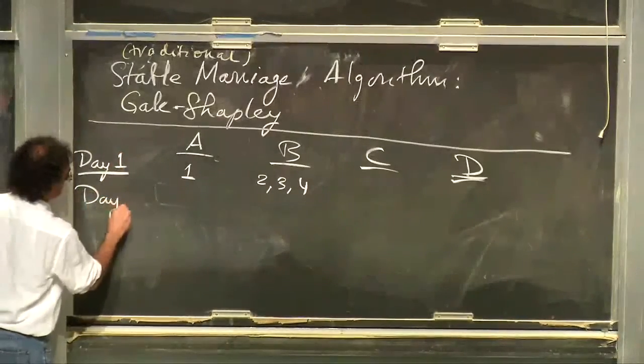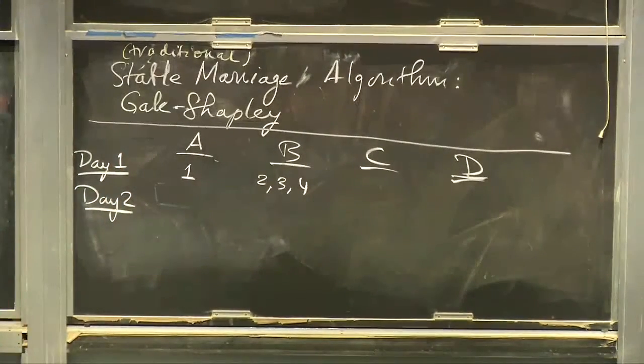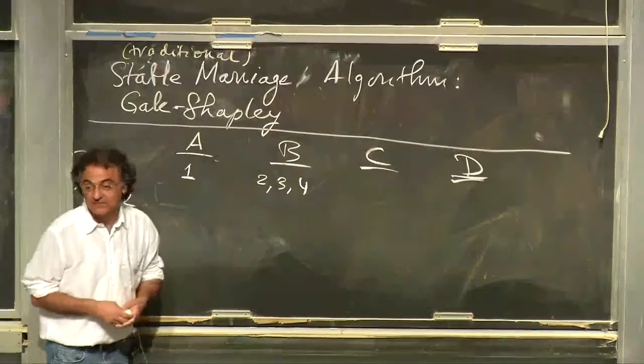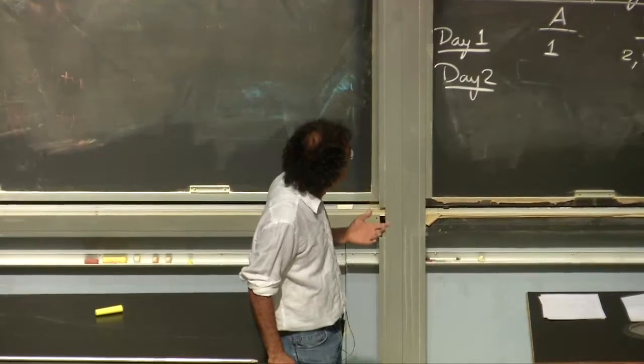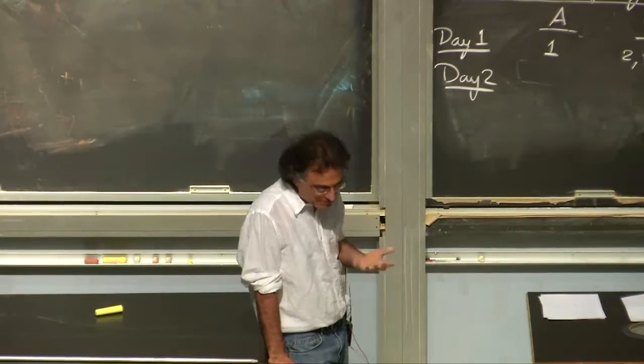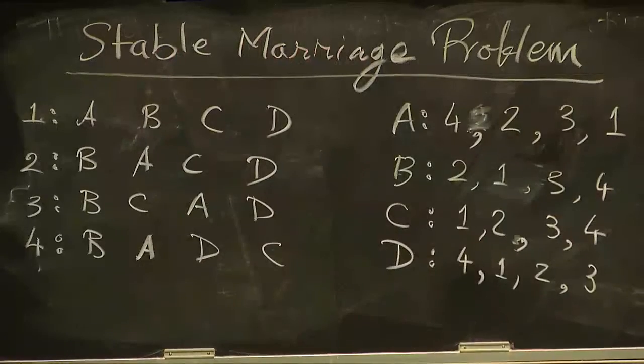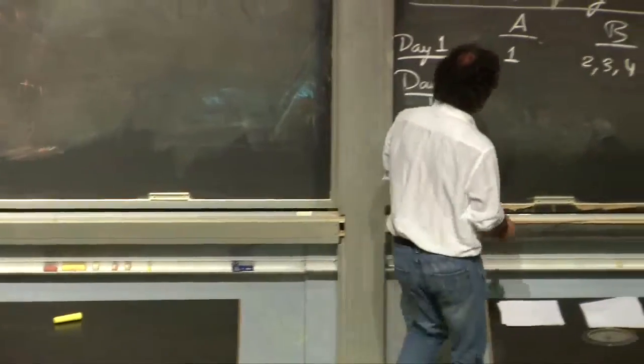Day 2. By the way, that evening, over a stiff drink, 3 and 4 lick their wounds. They drown their sorrows, cross B off their list, and next day they try again.